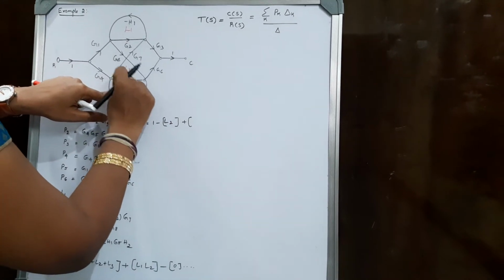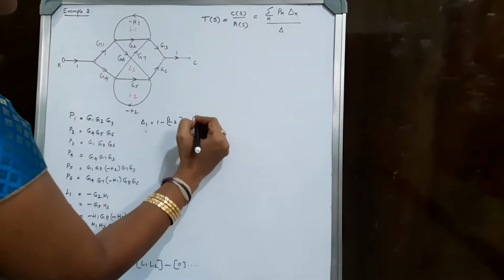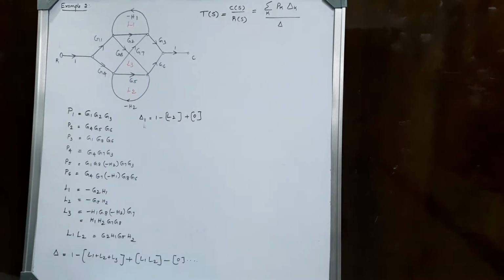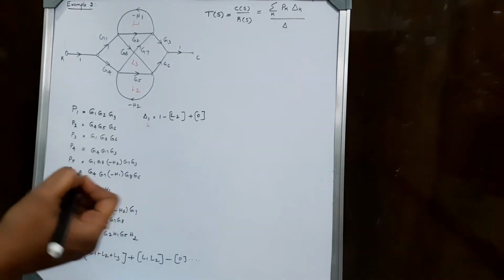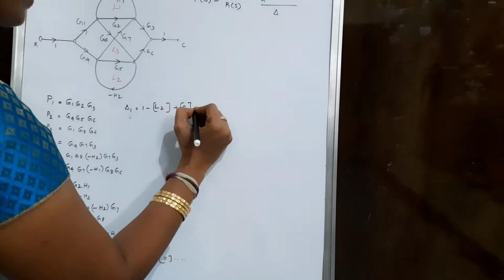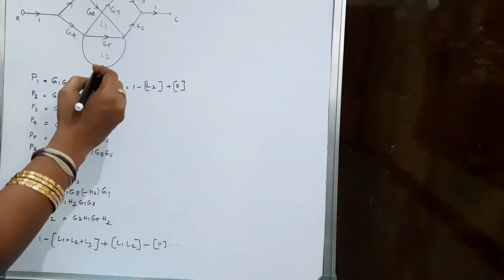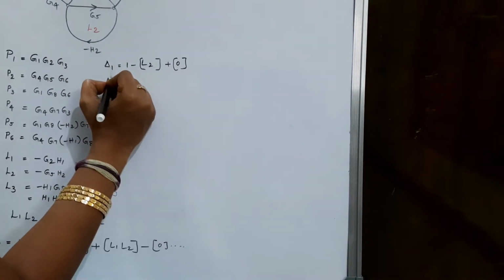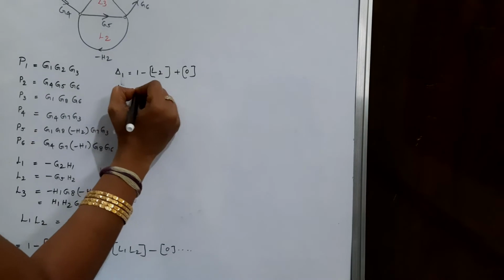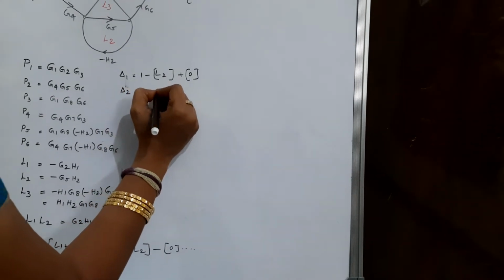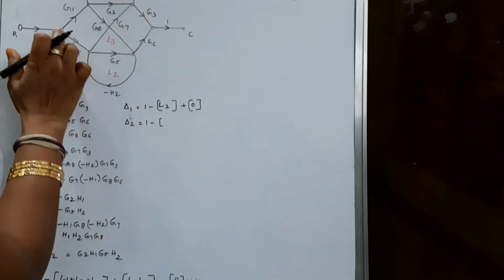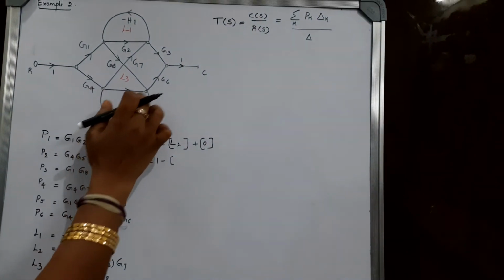If I consider L3, it is again touching, so there is no combination of non-touching loops here. So delta 1 will be just equal to 1 minus L2. On similar lines, I need to find out what delta 2 is. Delta 2 will be 1 minus, so delta 2 is G4, G5, G6.